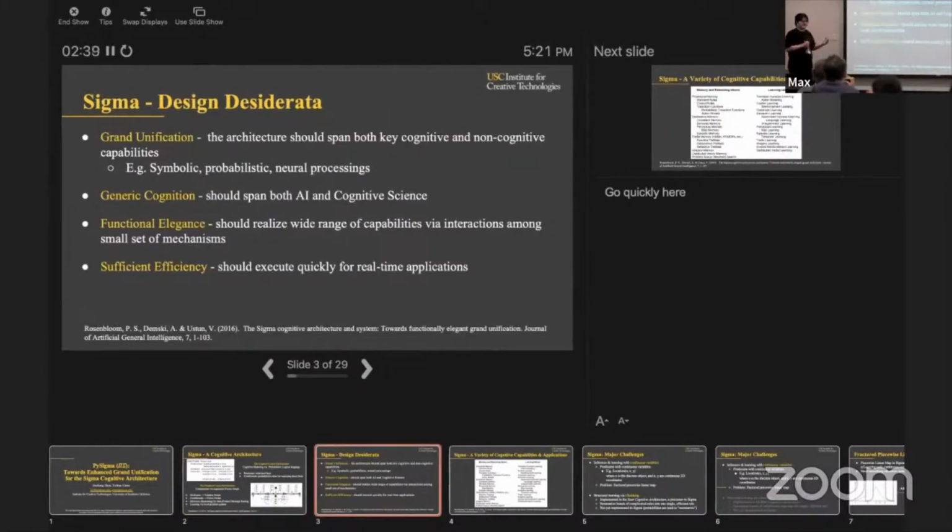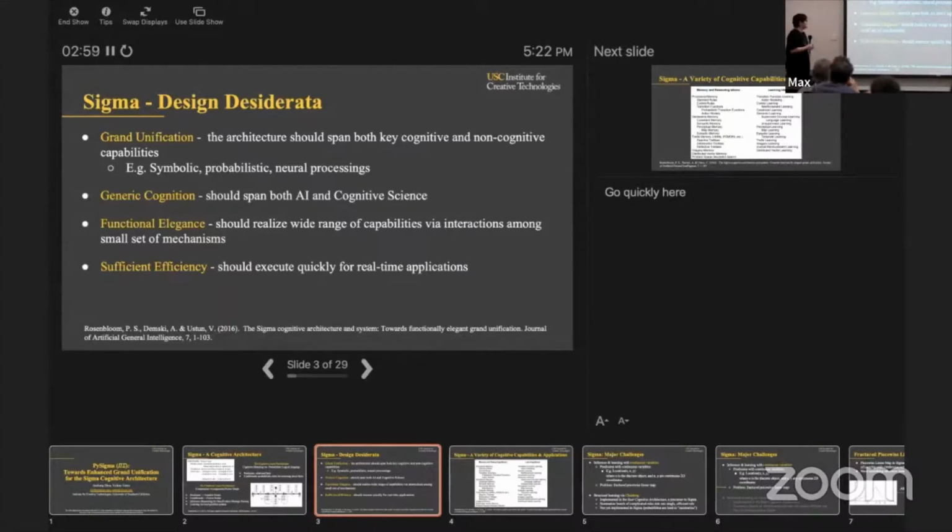Throughout the years of research on Sigma, there have been 4 important design desiderata driving the research. The first one is grand unification, the idea that the architecture should span both key cognitive and non-cognitive capabilities. One important aspect of that is to bridge symbolic, probabilistic, and neural processing.